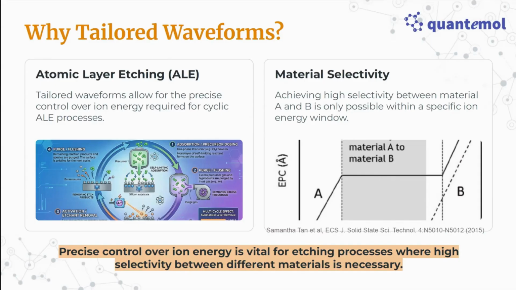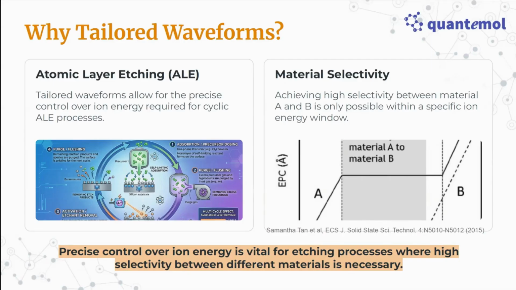Because otherwise, if it's too low, you don't etch anything. If it's too high, you etch both the monolayer you want to etch, but also what's beneath, and you don't want that. So you really need to get IEDFs which maybe cover a few tenths of an eV at most. Perfect would actually be completely monoenergetic IEDFs.